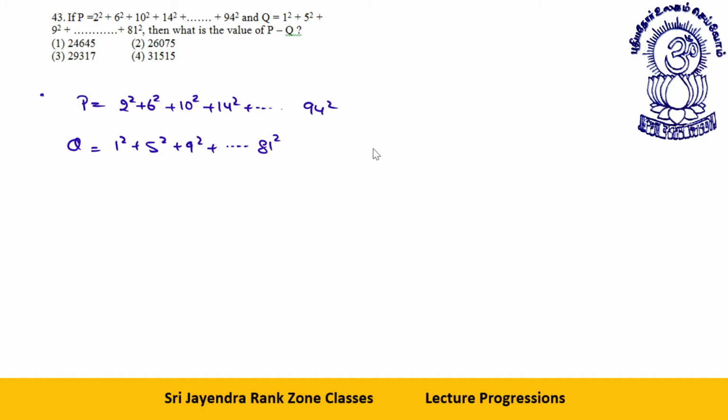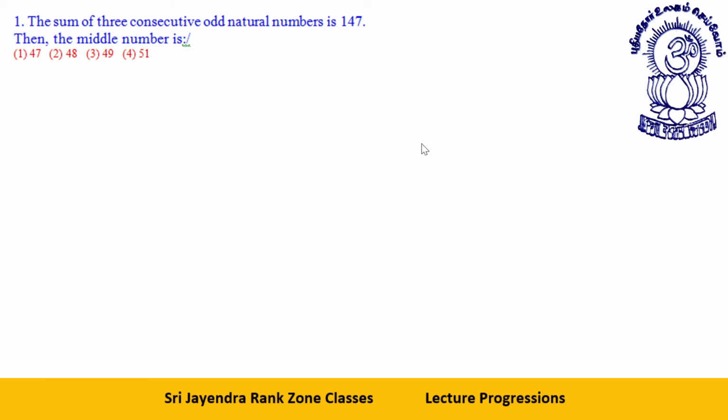Then what is the value of P minus Q? You have to determine this value P minus Q. This question, students, I'll be taking at the end of this series because this requires more formulas. I promise you I'll be taking this towards the end because otherwise you won't enjoy it too much right now.